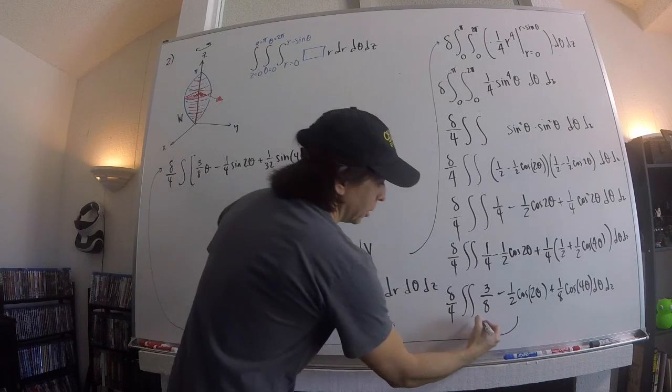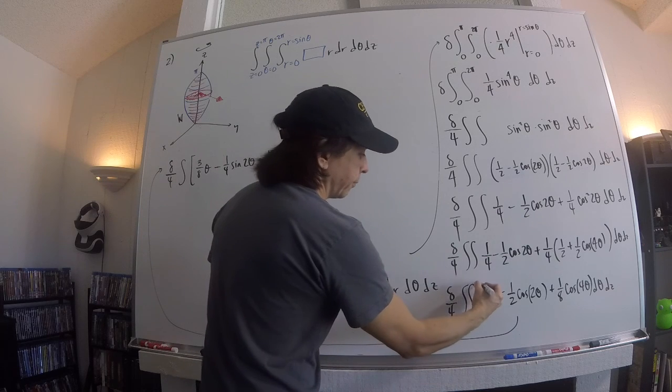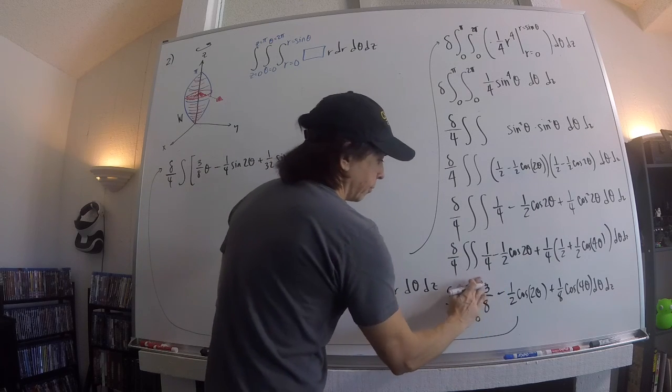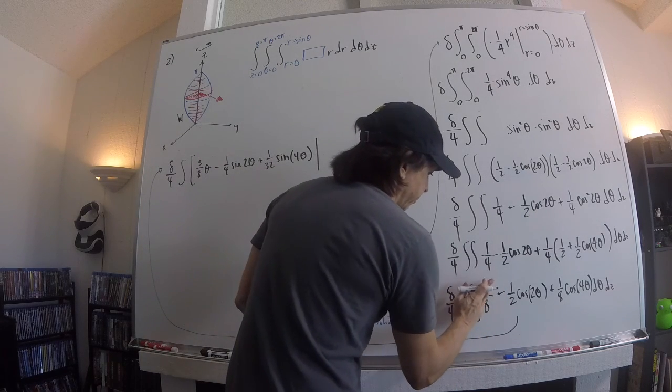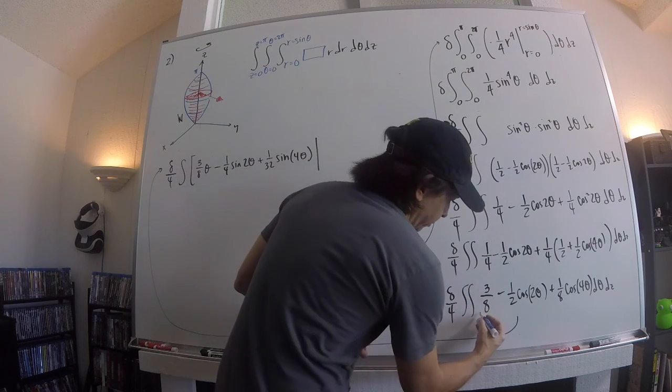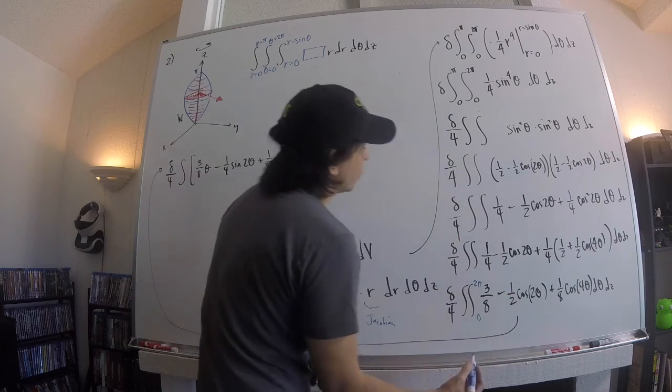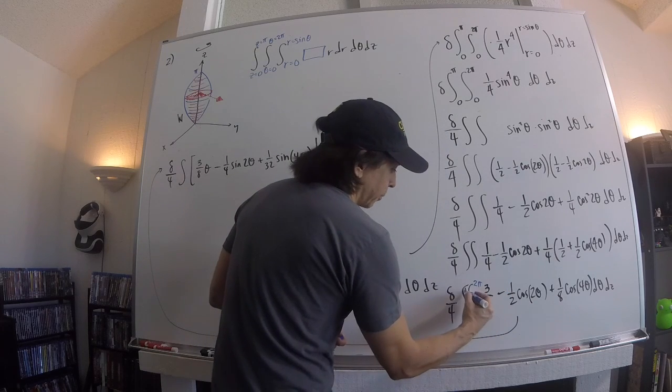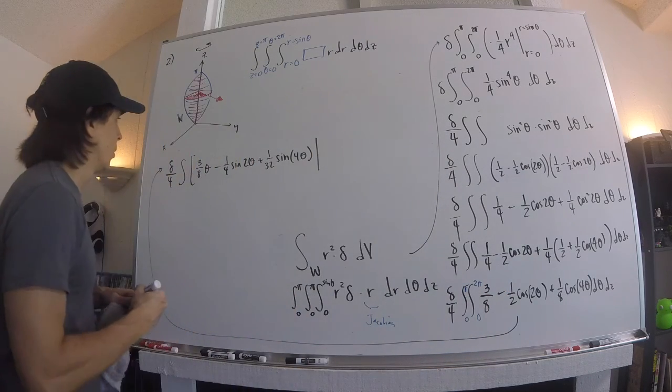It was 0 to 2 pi for theta. And it was 0 to pi for z. That's to be done later. Okay.